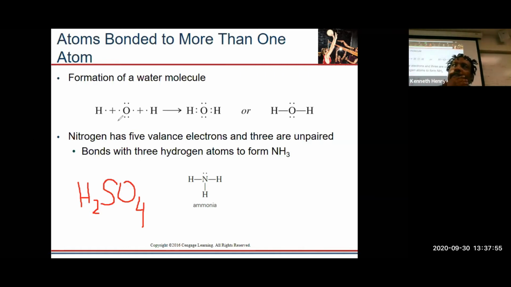So let's say we have, we'll start off with some simple ones. CO2. N2O. Okay, and I need one more.